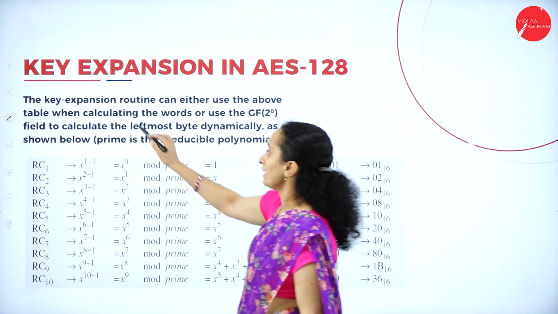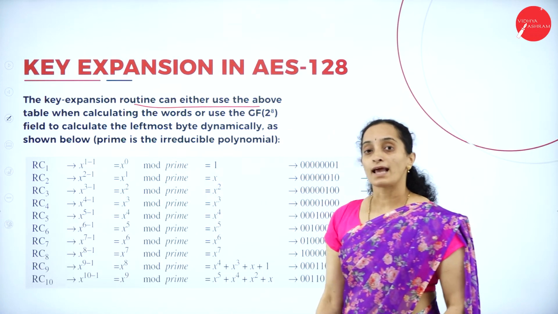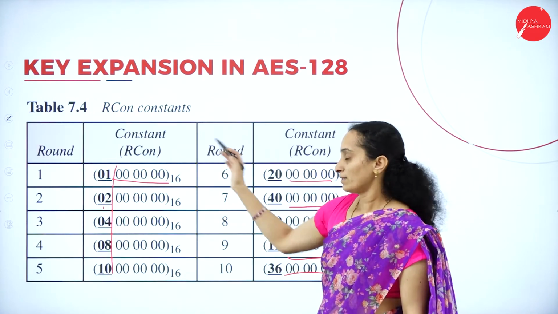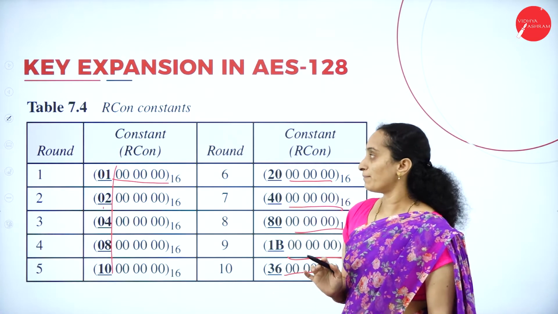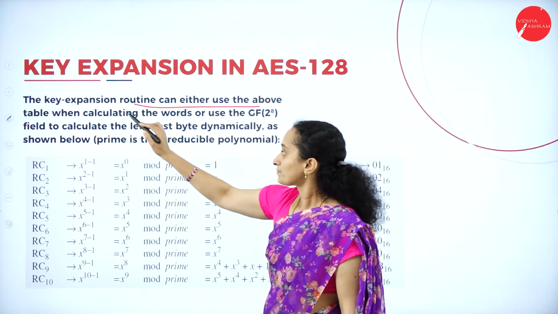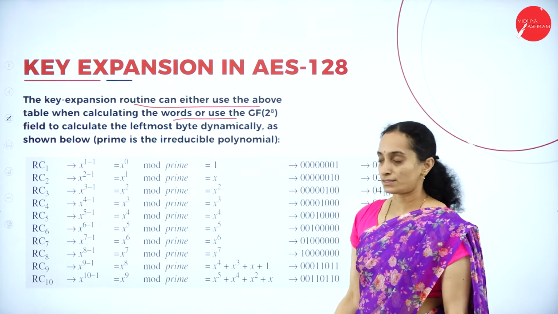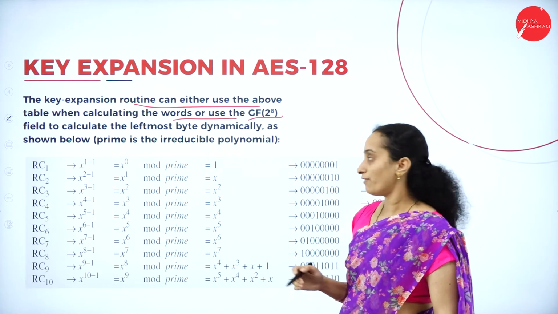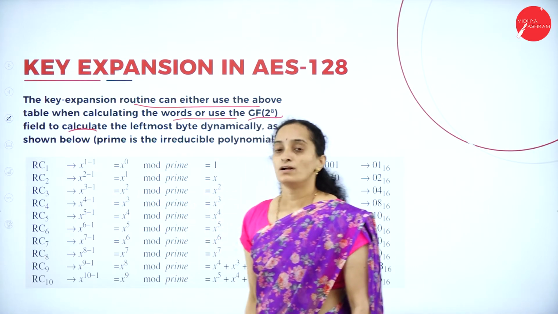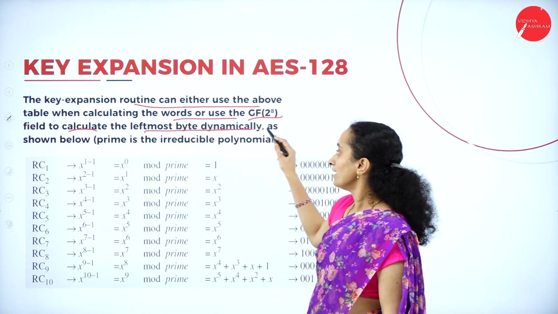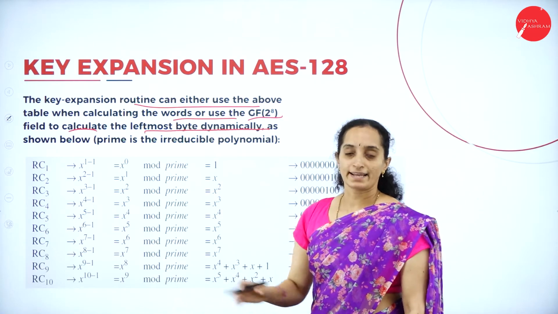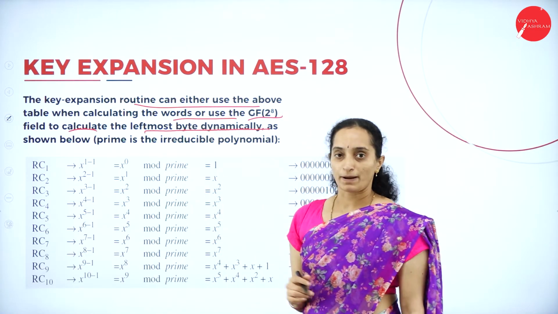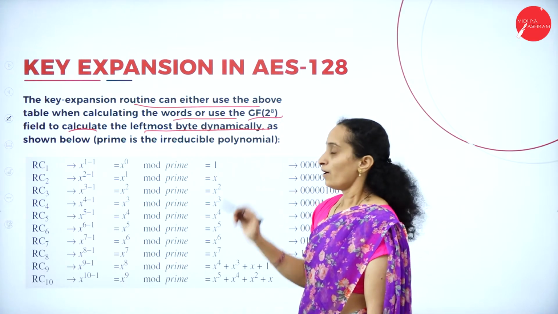The key expansion routine can either use the above table, the Rcon table, when calculating the words, or it can use the GF 2 to the power of 8 field to calculate the leftmost byte dynamically. The rightmost 3 bytes will be constant, only the 4th byte will be calculated. How do you calculate this?